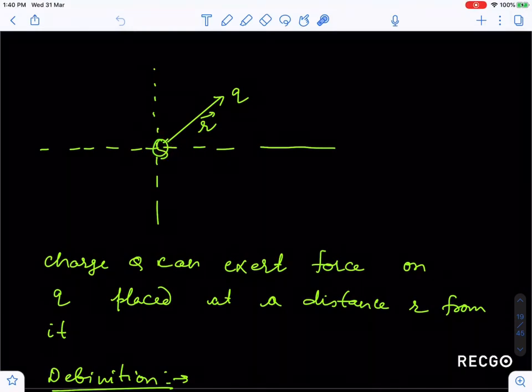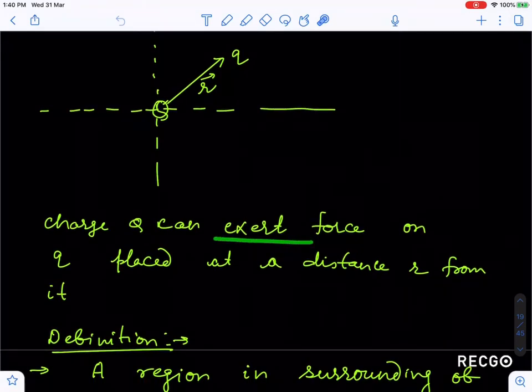So the region around the charge up to which it can exert force is the field of that charge Q. I have written: charge Q can exert force on small q placed at a distance r from it.